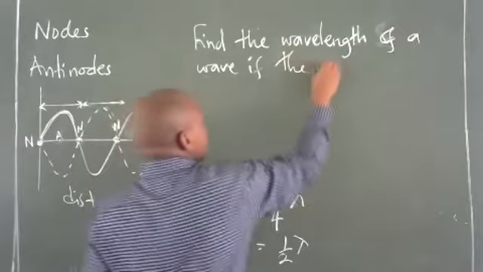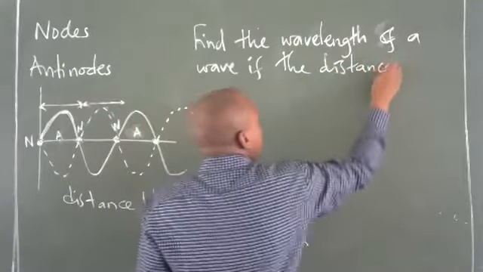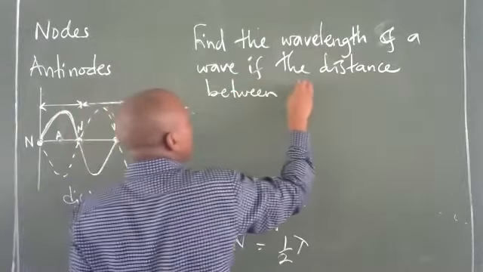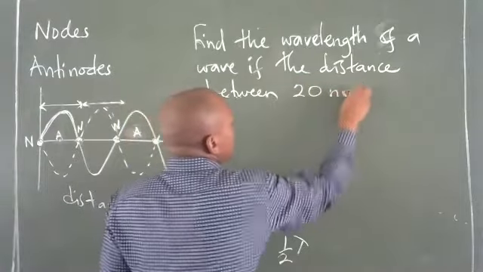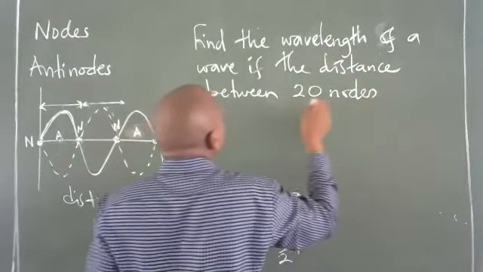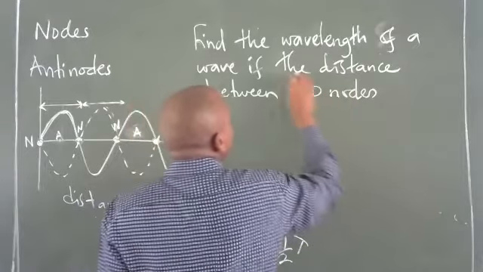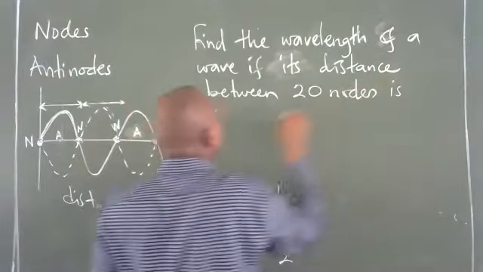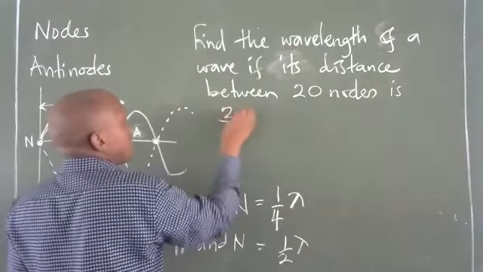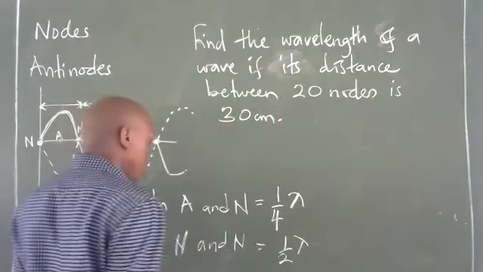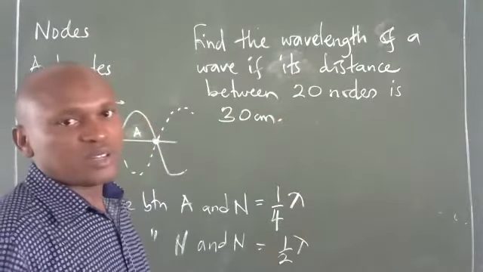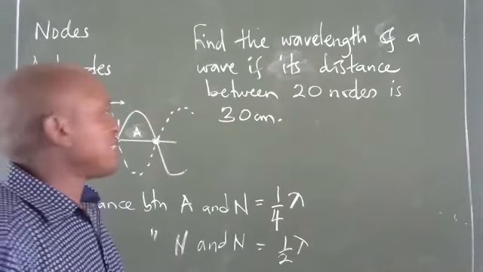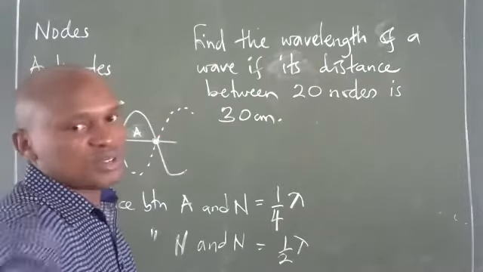Find the wavelength of a wave if its distance between 20 nodes is 30 centimeters. Let us start with that question. Everybody be trying that question and see what we can do.